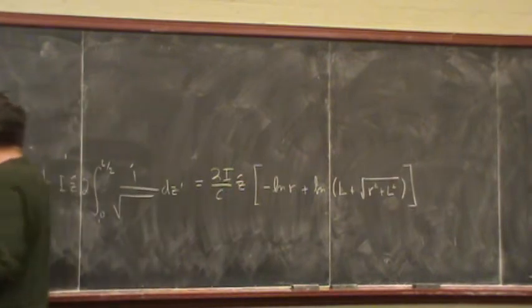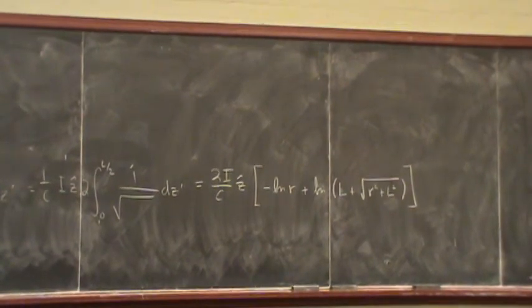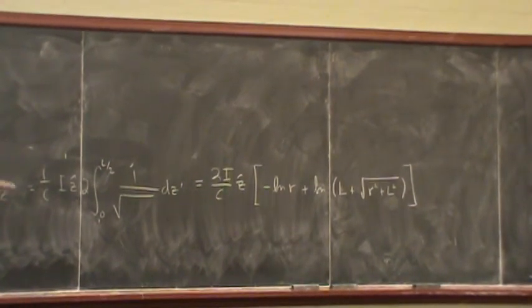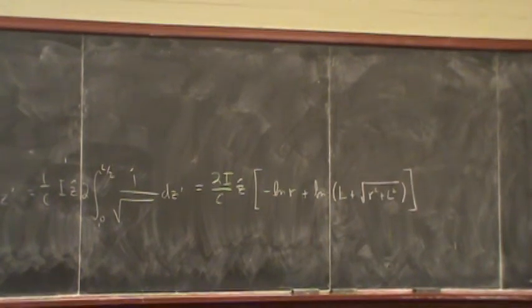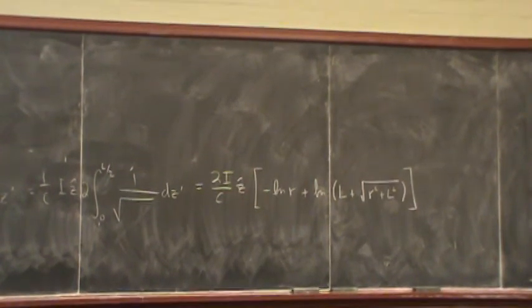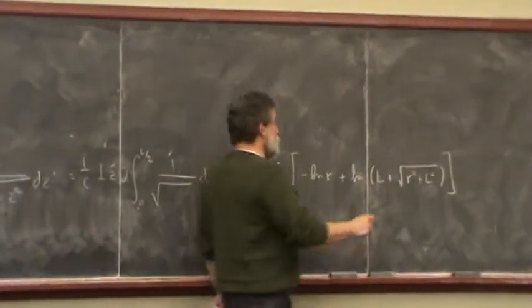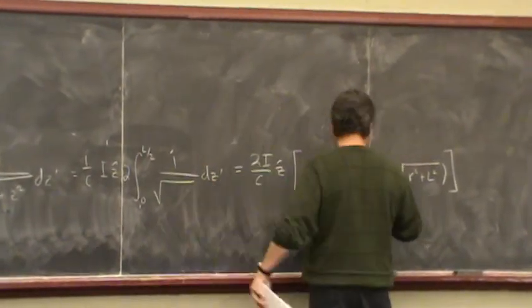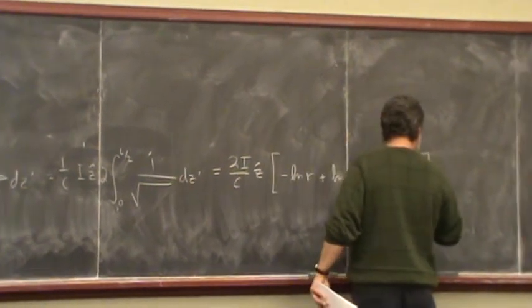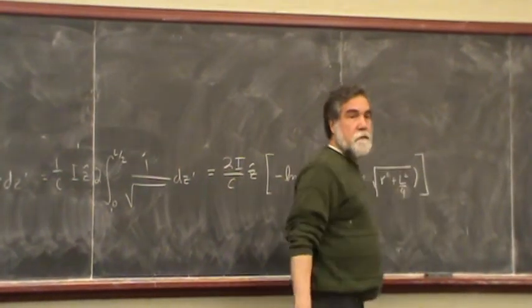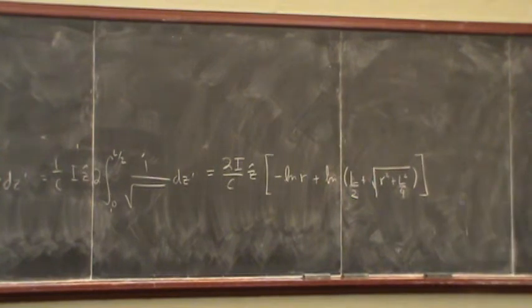If I went from minus L over 2 to plus L over 2, that's twice the integral from 0 to L over 2. But he does minus L to L, and that's where you got that form. Then I'm just going to go back here and write it like that. Doesn't matter, actually.